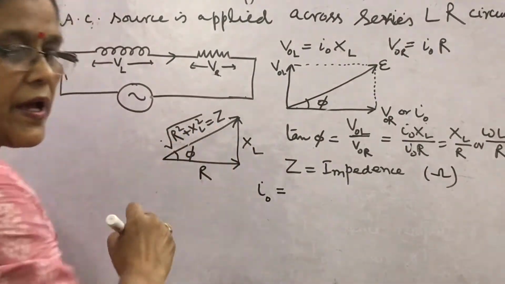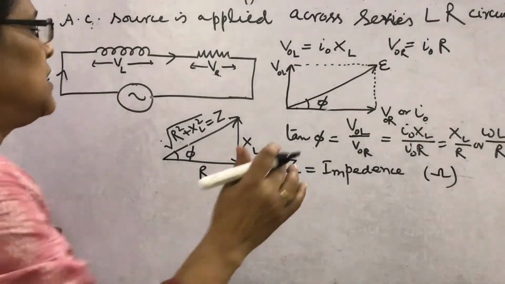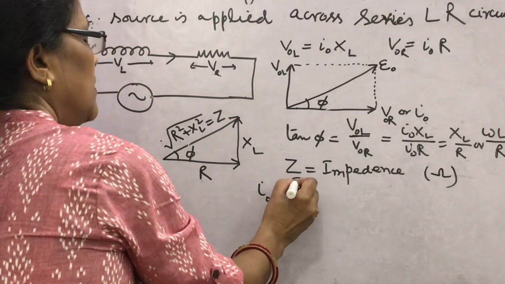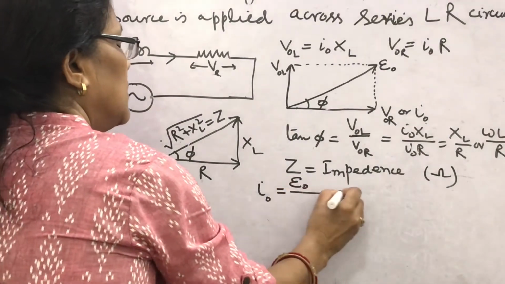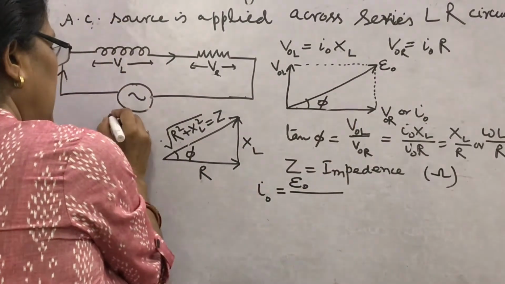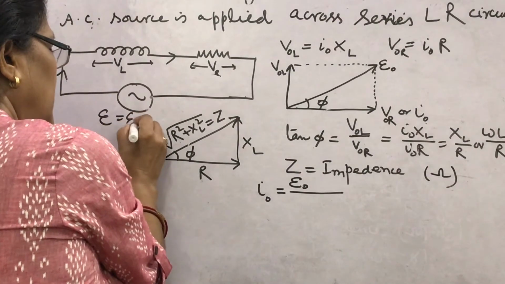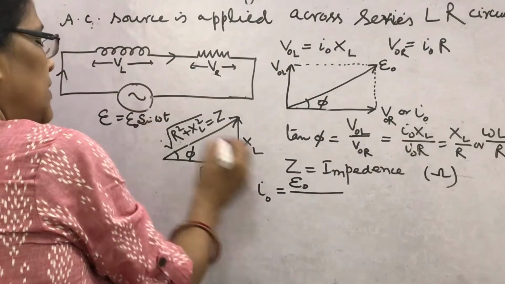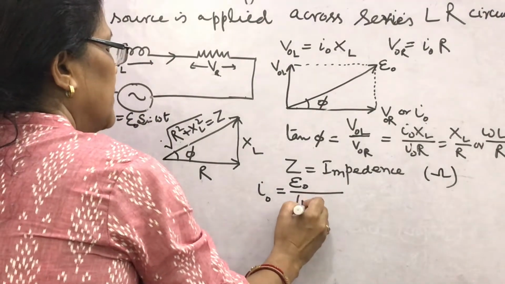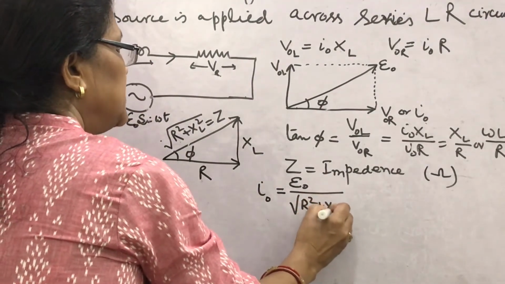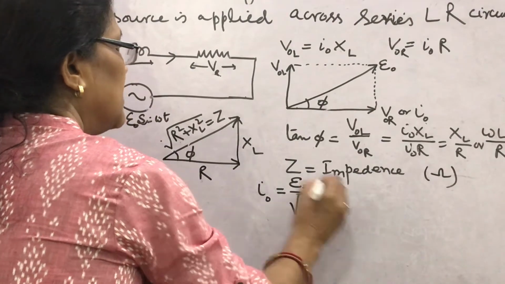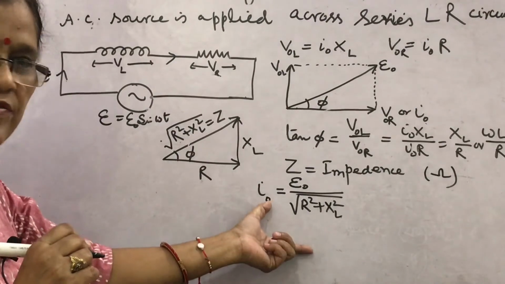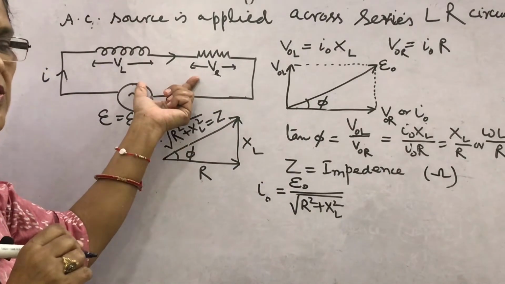I naught can be written as, if this is the maximum value of the EMF applied here, E equal to E naught sine omega t, then I naught is E naught upon under root R square plus XL square. So in this way the current is given in this AC circuit.